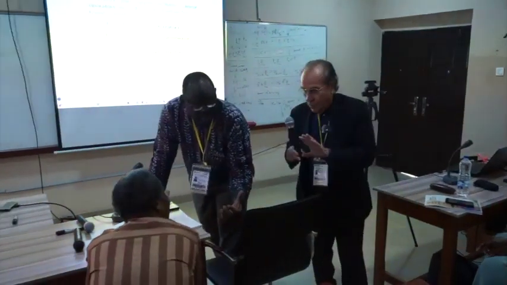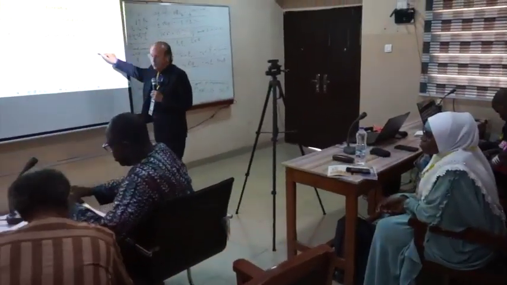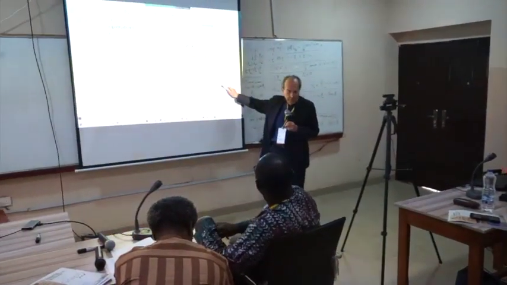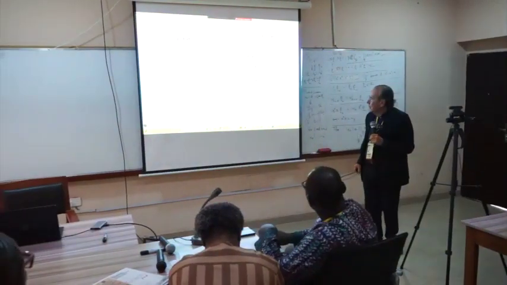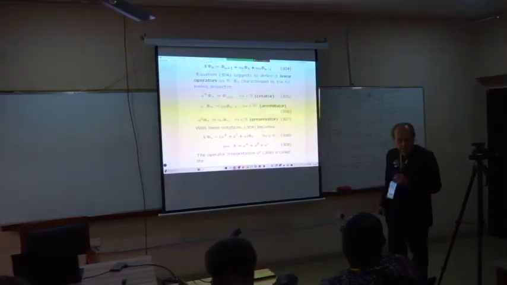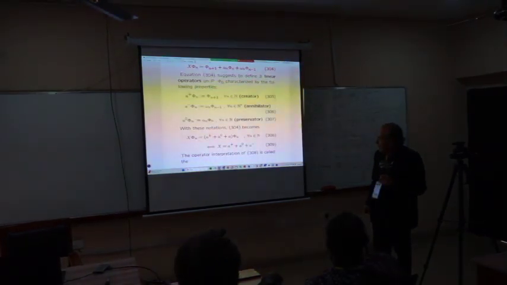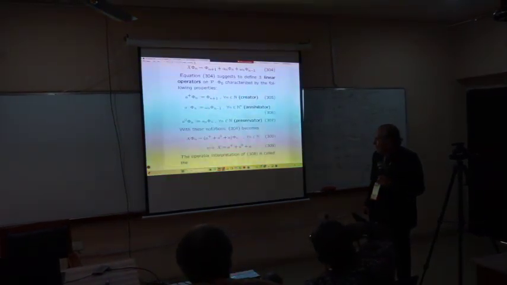Now, in equation 308, the vector, A dagger plus A0 plus A minus. It is supposed to be A minus.